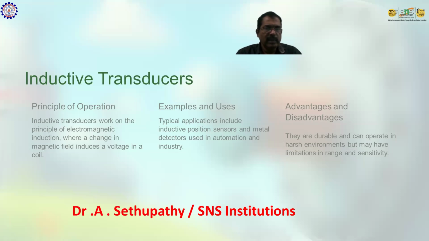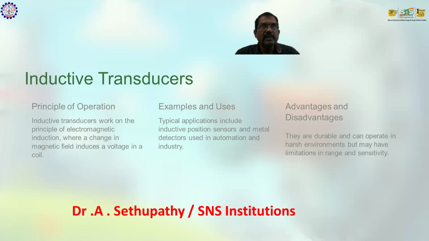The inductive transducer works on the principle of electromagnetic induction. The output is that a change in the magnetic field induces a voltage in a coil. It is used in position sensors, metal detectors and automation industries.